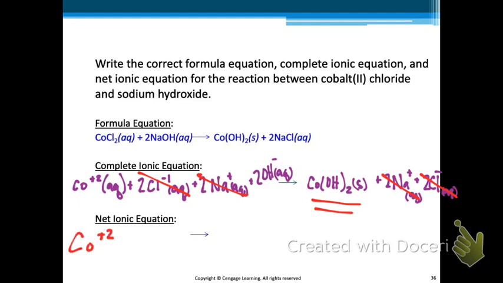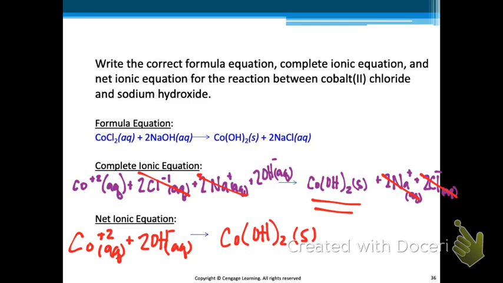Co2+ aqueous plus 2OH minus aqueous yields Co(OH)2 solid. And you double check: I'm supposed to have 2 hydroxides. Do I have 2 hydroxides over here? Yeah, right? I have 1 cobalt, 1 cobalt.